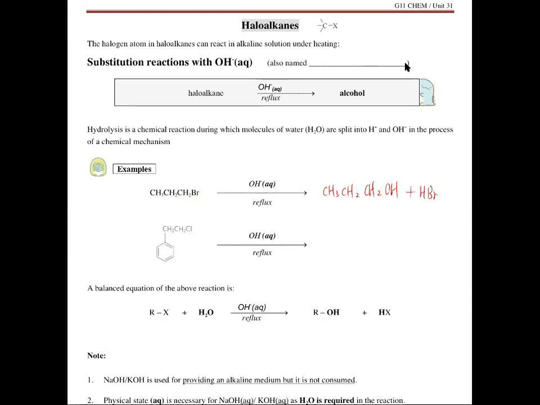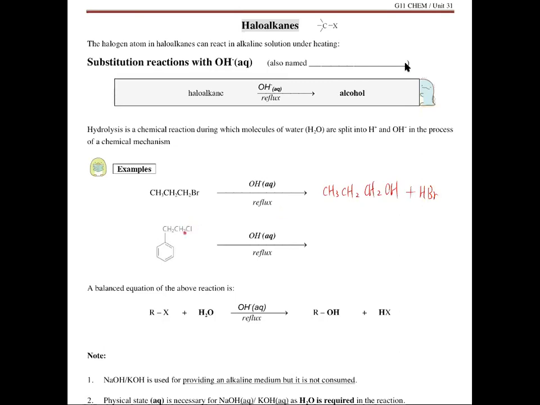And the mechanism we're going to discuss in detail on the next page. Okay, so for this stage, I just want you to be able to work out the product first. Okay, so that's the first example. Very easy.